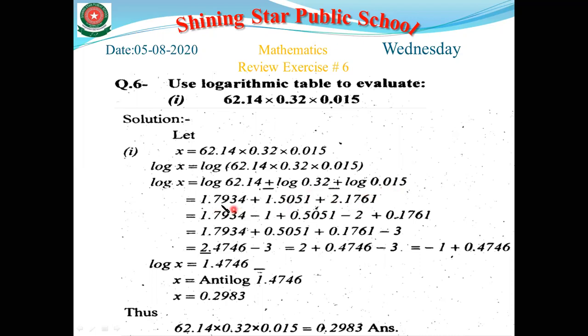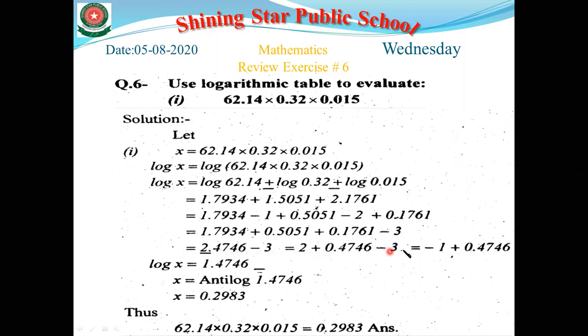Now it's very simple. Here we have 1 bar and here we have 2 bar. So it means 1 bar changes into minus 1, 2 bar changes into minus 2, because we know that bar means characteristic is minus. So that's why right here minus 1 and here is minus 2, because bar is on 2. Now simplify these numbers. When we simplify these numbers, it becomes 2.4746 minus 3.